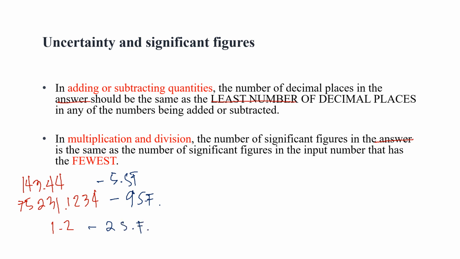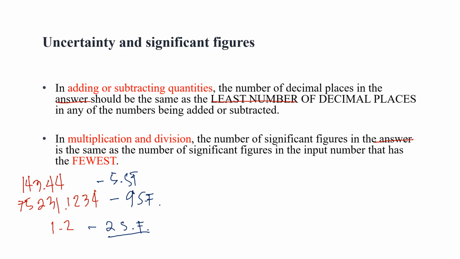In multiplying and dividing, our final answer is determined by the number which has the fewest significant figures. So in here, your third number, which has only 2 significant figures, will determine the number of significant figures in our final answer. Since there are only 2 significant figures, your final answer should also have 2 significant figures only.